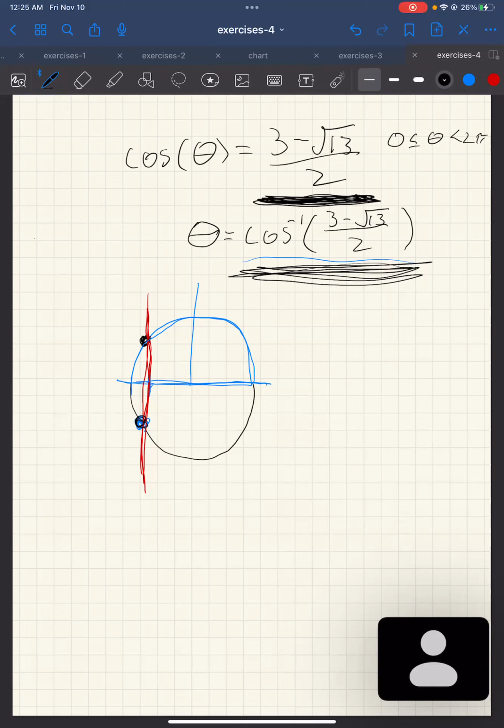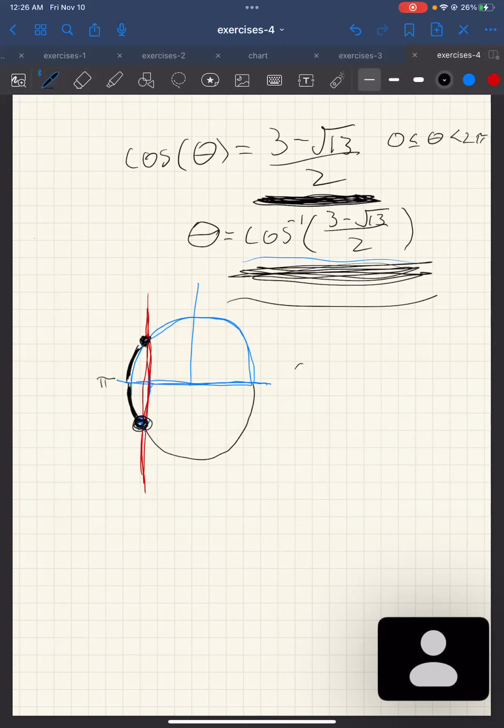Well, I can describe these numbers in relation to each other. I know they are the same distance from the horizontal line, from the x-axis, aka in this case, they are the same distance from pi. The difference is that cosine inverse is the number less than pi, whereas this number down here is this distance from pi but greater than pi.